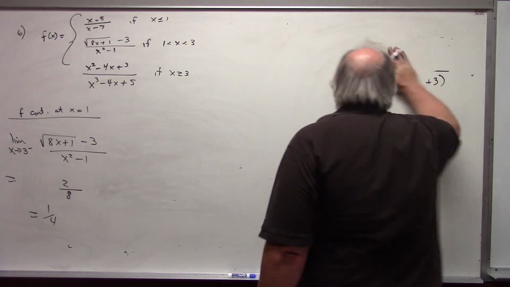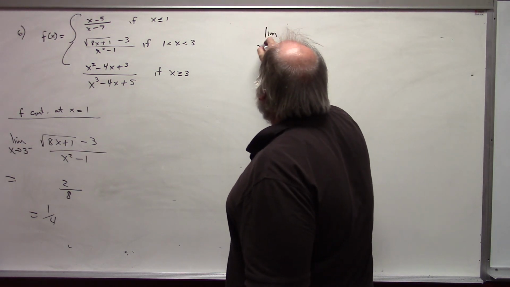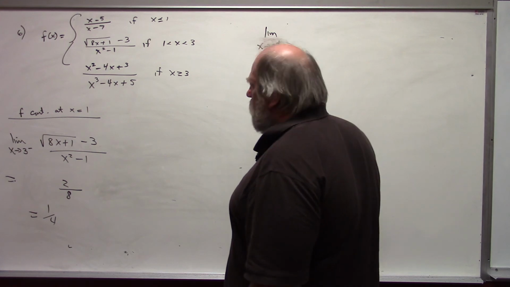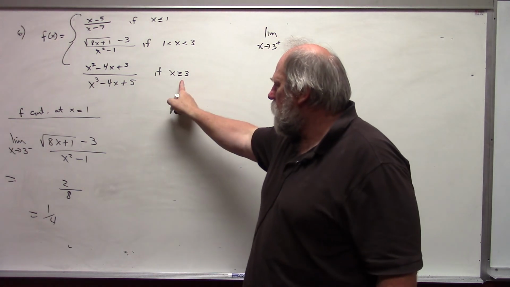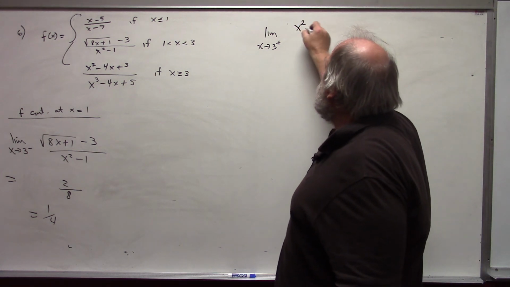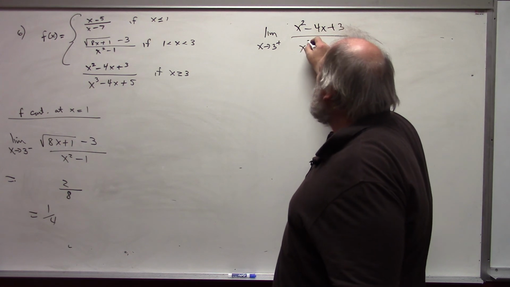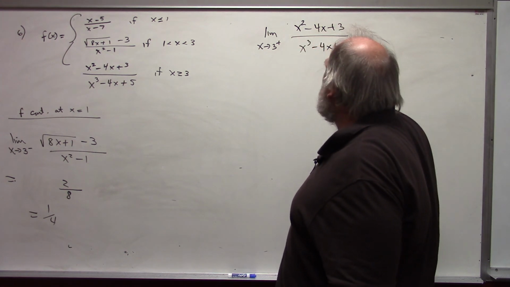On the right, the limit as x approaches 3 from the right. Now I am using the third part of my function, x squared minus 4x plus 3 over x cubed minus 4x plus 5.